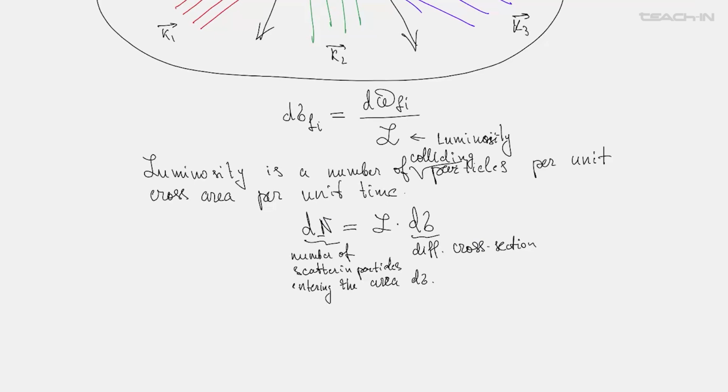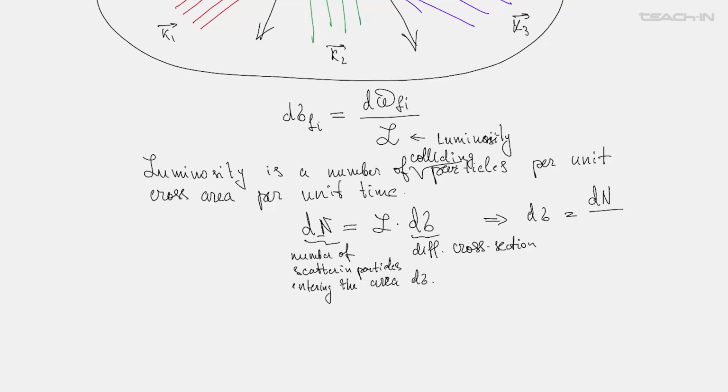So from the classical point of view, or even from usual non-relativistic quantum mechanics, d sigma differential cross-section is the ratio of dn to the luminosity of your accelerator.